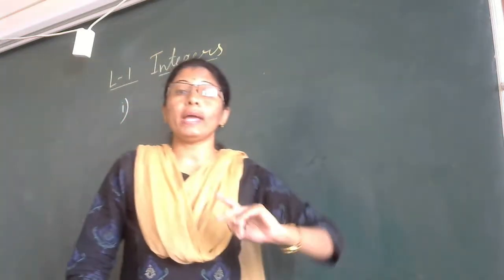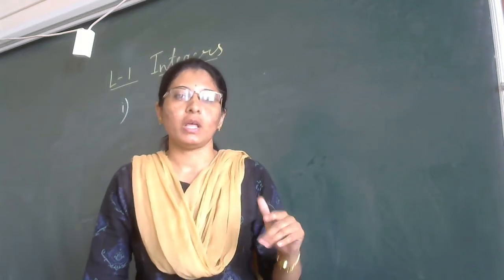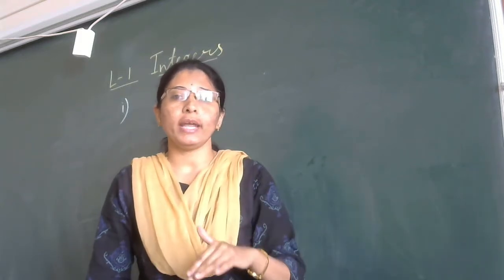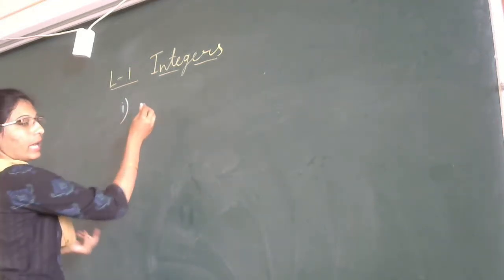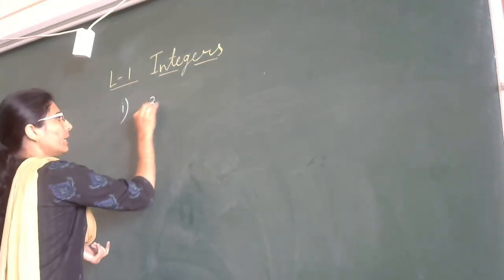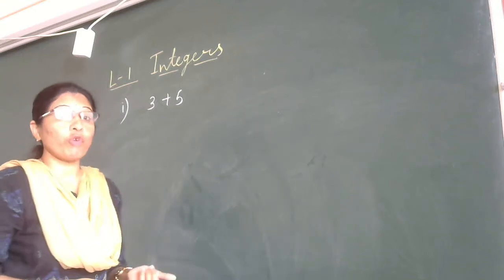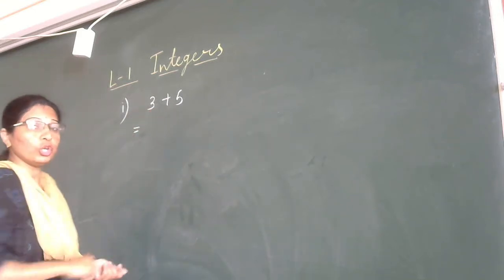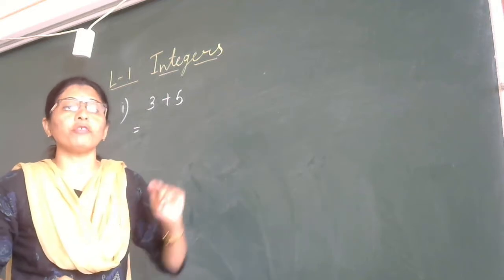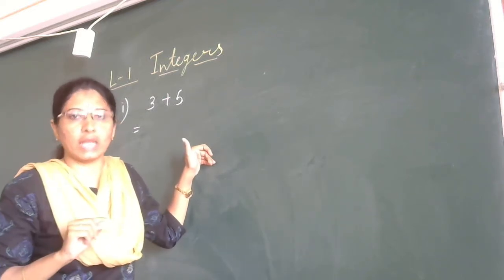First, when the integers have the same sign, either positive or negative, both having the same sign. If you take positive integers, 3 plus 5, both are positive. So what do we have to do? We have to add the absolute values of the integers and put the common sign.